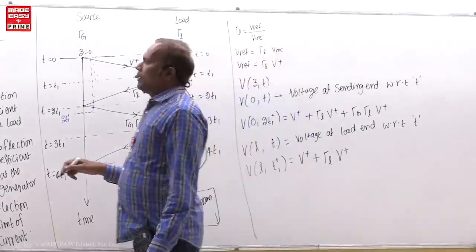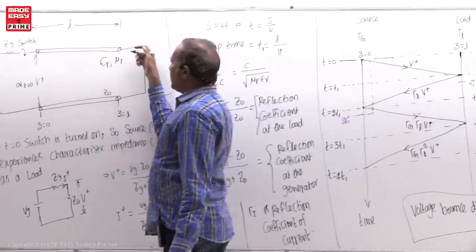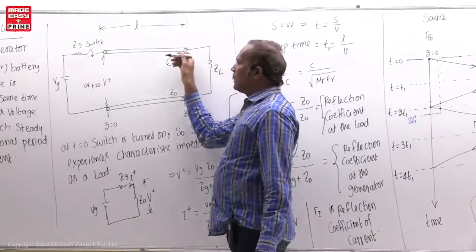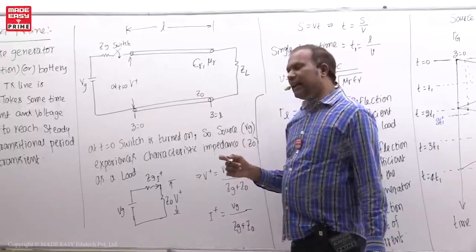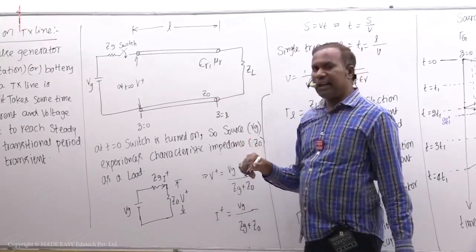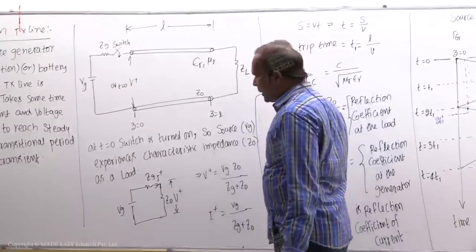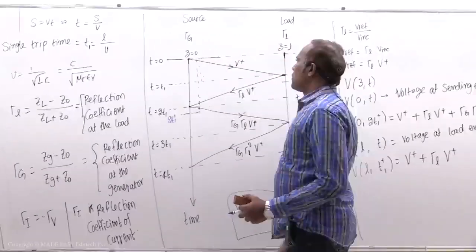So if incident current is coming like this, that is taken as positive current, then reflected current direction is minus of that, opposite of that. Then reflection coefficient is equal to reflected current by incident current. Reflected current will have opposite sign to the incident current. That is why reflection coefficient of current is taken as negative of the reflection coefficient of voltage. So here minus gamma G, minus gamma L should be there.